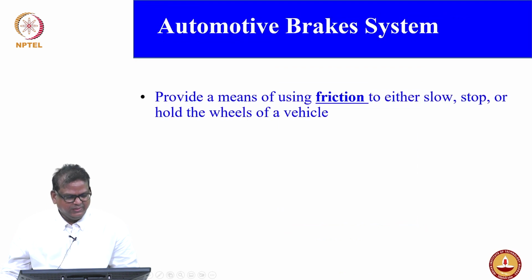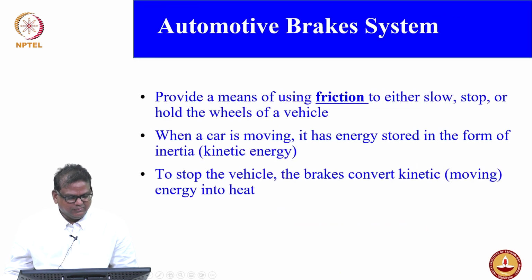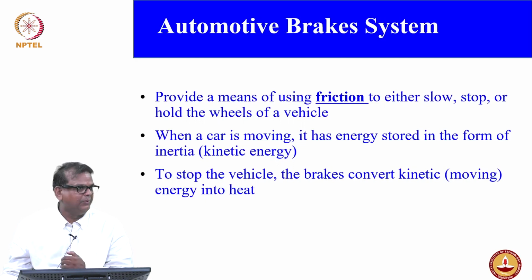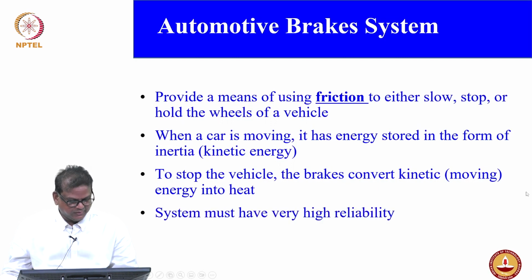It provides a means of using friction to slow, stop or hold the wheels of the vehicle. That's an important thing. When a car is moving, it has energy stored in the form of inertia, kinetic energy. To stop the vehicle, the brakes convert kinetic energy into heat energy. That is what is happening.